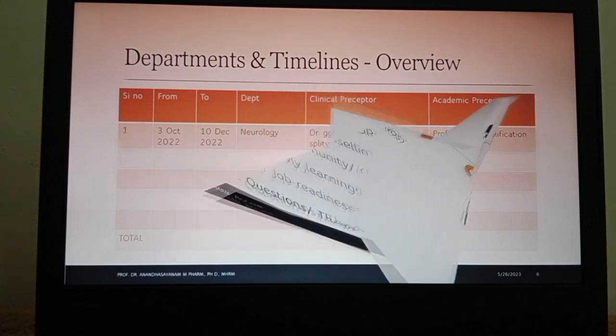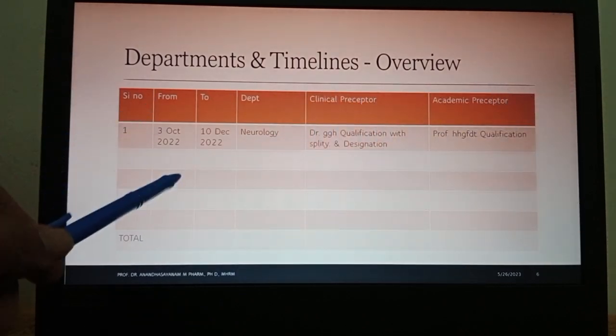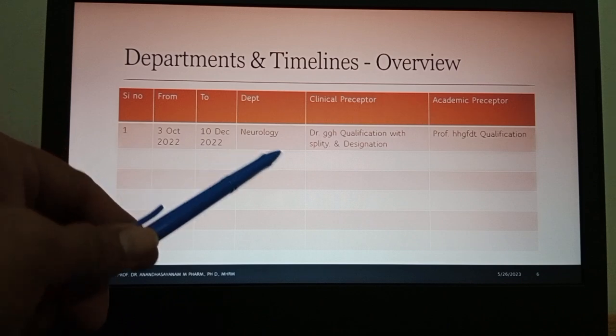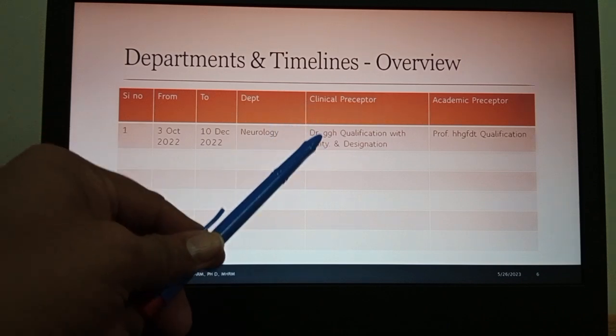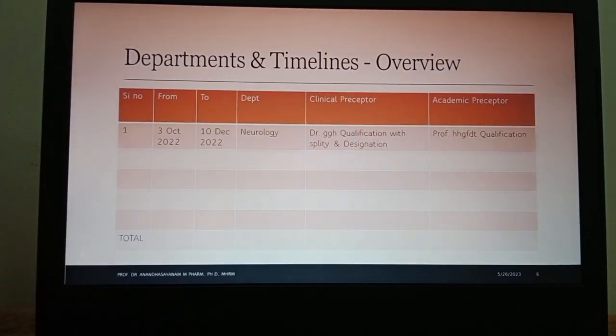Now, as we saw, the departments and the timelines, from which date to which date, which department, and who is the clinical preceptor, a doctor with qualification, specialty, designation, MD, DM, medicine, chief consultant, senior consultant, head of department, internal medicine, right? MD, DM, nephrology, MS, MCH, urology, surgeon, right?